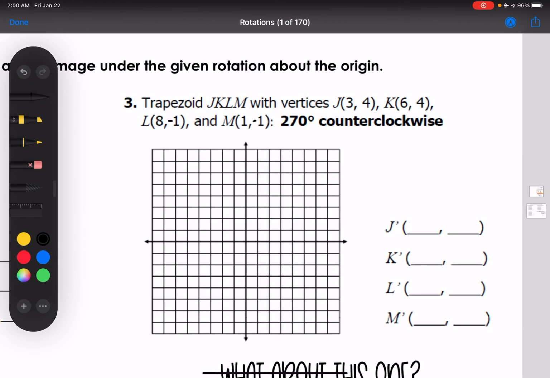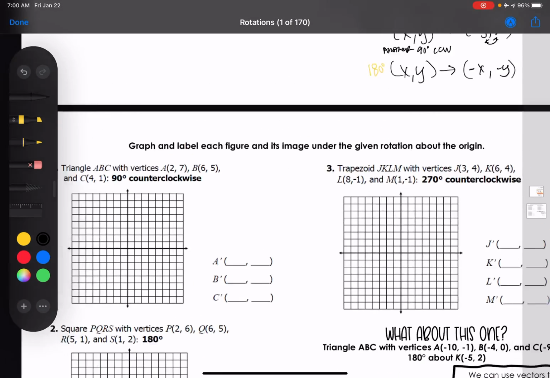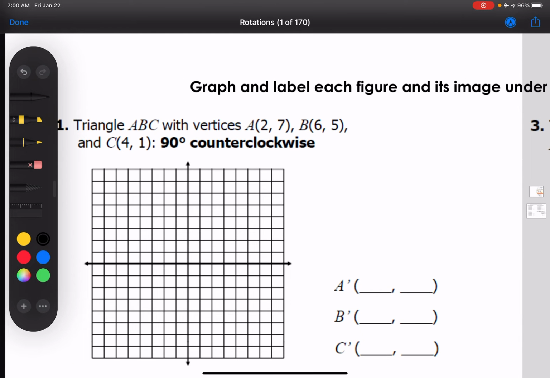It's the y values on L and M. And on number 1, B is supposed to be in the negative. Okay, so let's go and see.